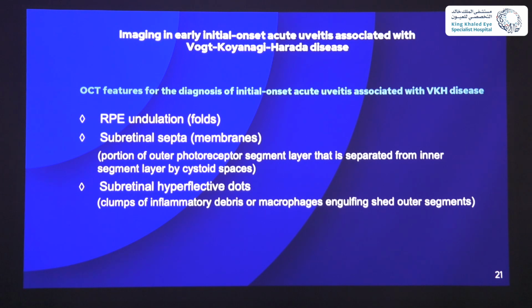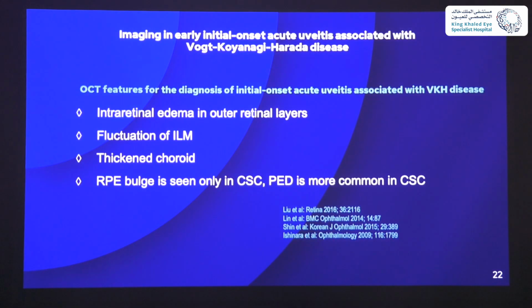Subretinal hyperreflective dots, which represent clumps of inflammatory debris or macrophages engulfing shed outer segments. Intraretinal edema in the outer retinal layers, fluctuation of the internal limiting membrane, and thickened choroid.